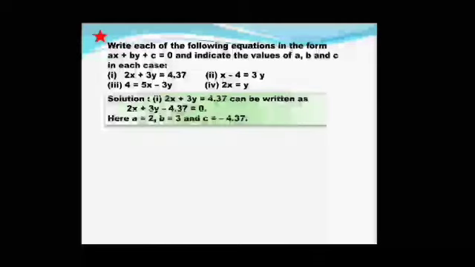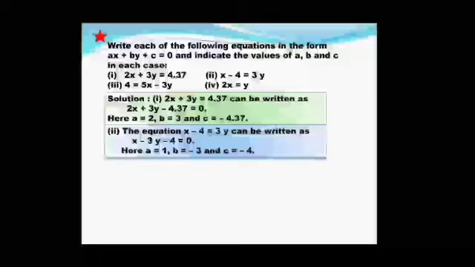As you can see in the first part, the constant term is on the right hand side. If we shift the constant term to the left hand side, we will get 2x plus 3y minus 4.37 equals 0. And now we will compare this equation with the standard form. Then we will get a equals 2, b equals 3 and c equals minus 4.37.